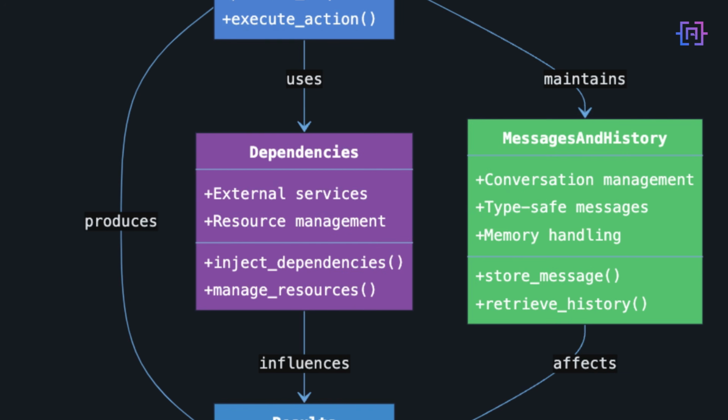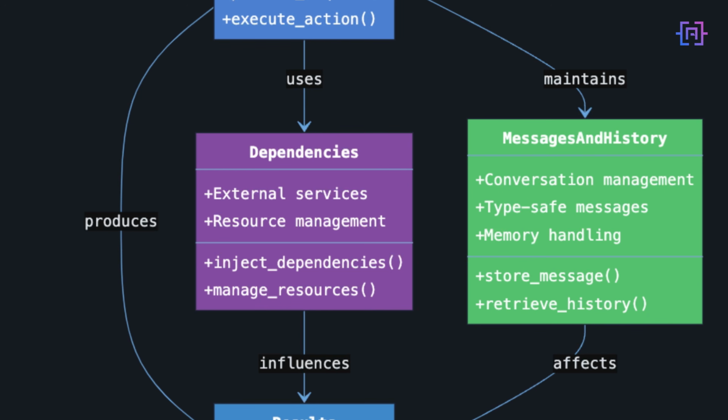Supporting these agents are the dependencies, which form a sophisticated resource management system. This component expertly handles all external services and resources, implementing automatic injection into agents whenever needed. What makes this system particularly powerful is its clean separation of concerns, ensuring that each part of the system remains modular and maintainable.